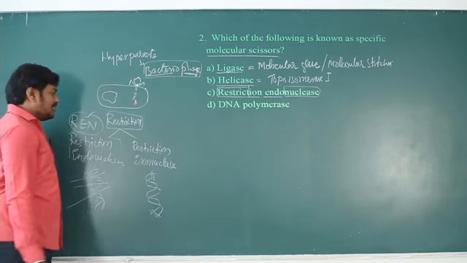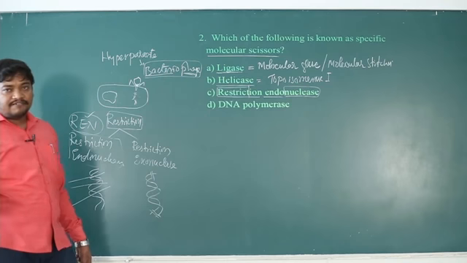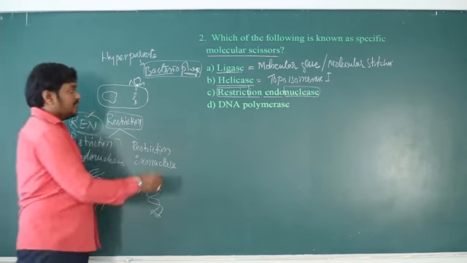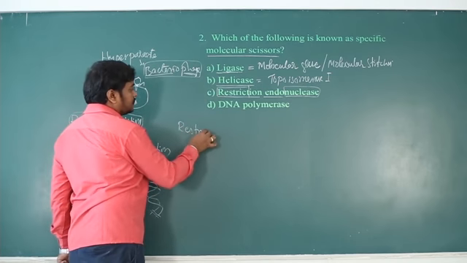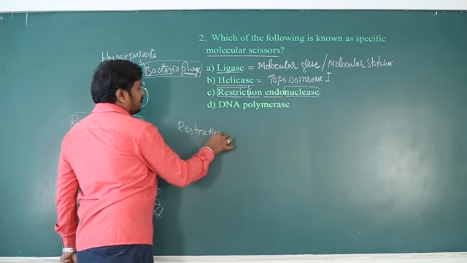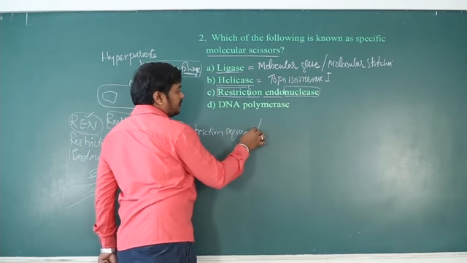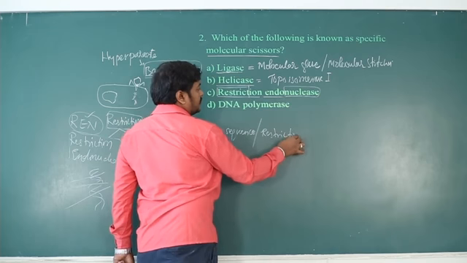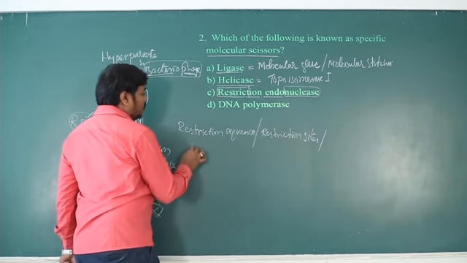This enzyme cuts the DNA at a specific point. It cannot cut wherever we want; it needs a specific sequence. That specific sequence is called the restriction sequence or restriction site, also called cloning sites.